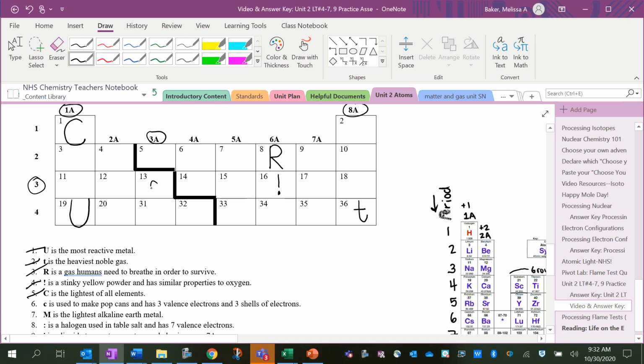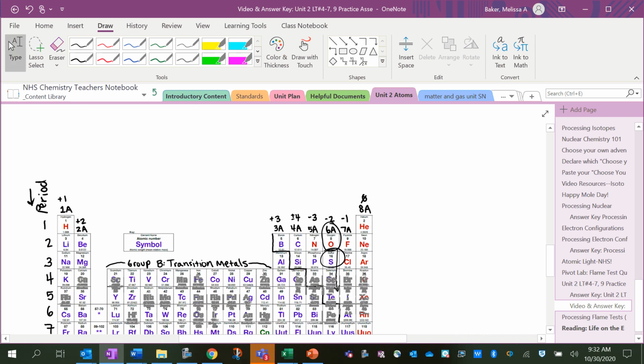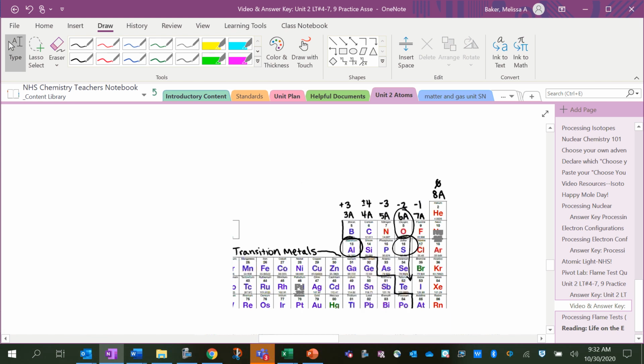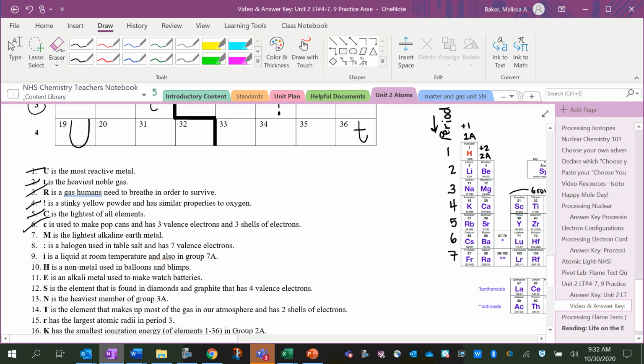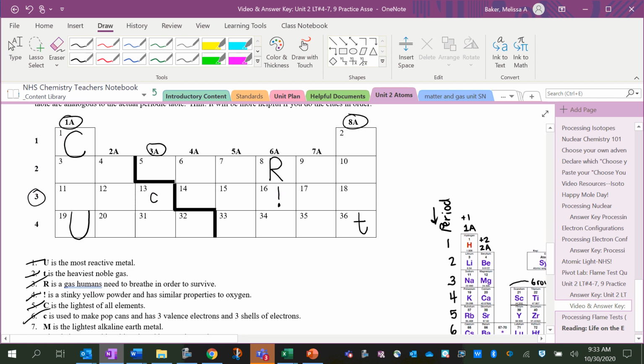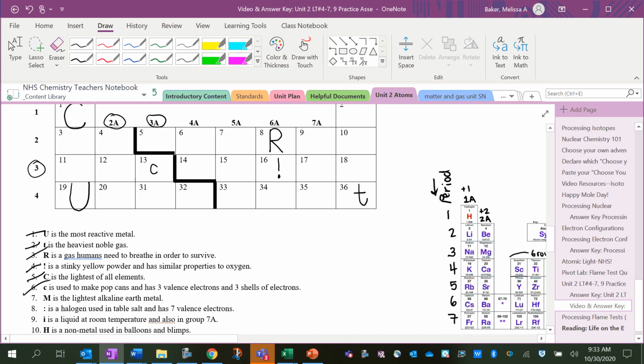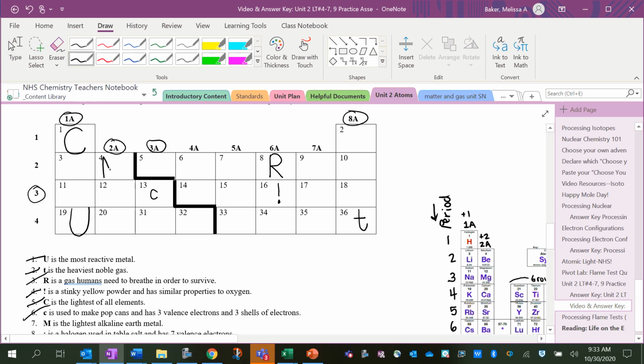So that goes to right here, number 13. Let's see if this makes sense. Number 13 is aluminum, which, yeah, is used to make pop cans, so that's good. Capital M is the lightest alkaline earth metal. Well, the alkaline earth metals are group 2A, so this would go here, capital M.